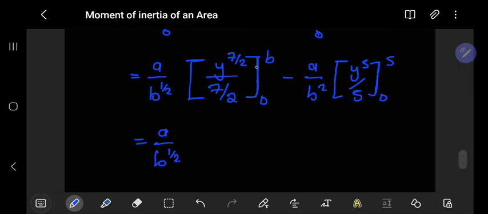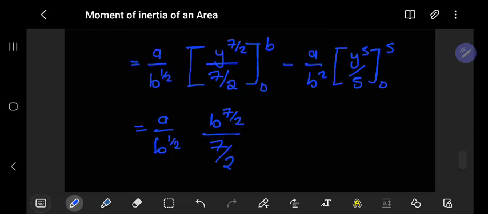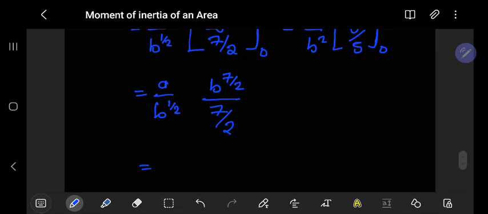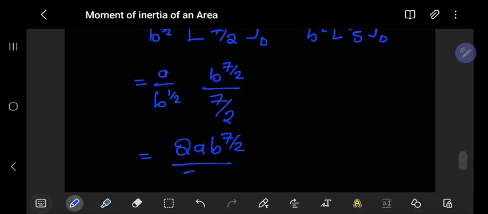Then when y is b, we get b to the power 7 over 2 over 7 over 2. Of course, changing this from division to single fraction, you should see that the 2 will go up. We now have 2 b to the power 7 over 2 divided by 7 b to the power half here.